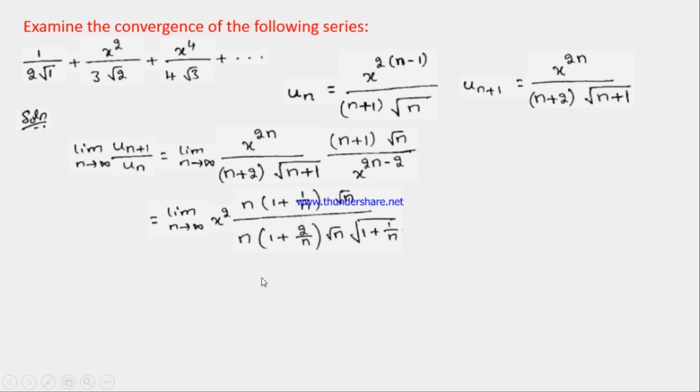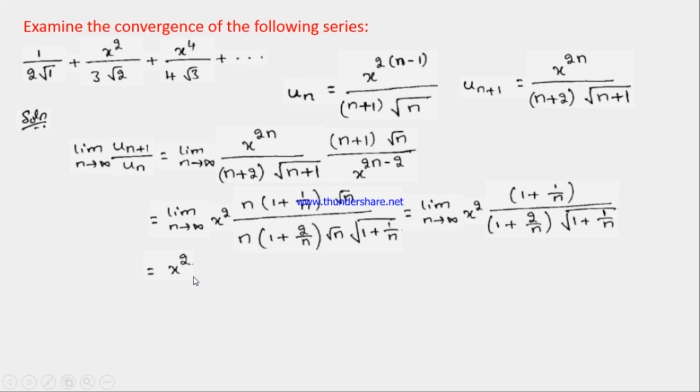And from this n plus 2 n is taken out, so we get n times 1 plus 2 by n. Here this n cancels, square root n cancels. Now as n tends to infinity, this term is 0, even this term is 0. And as a result, I will just get x square.